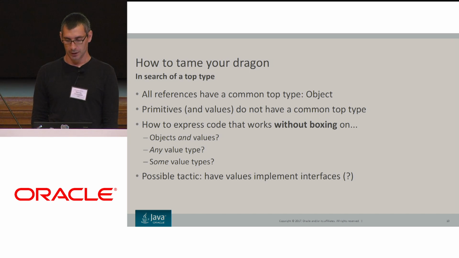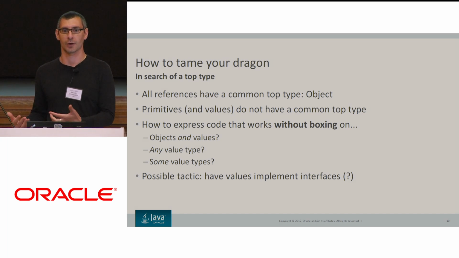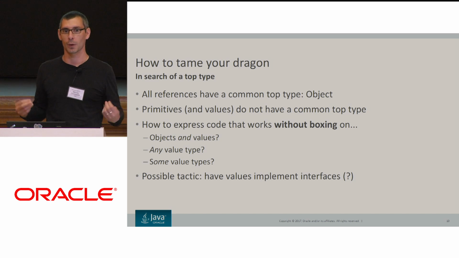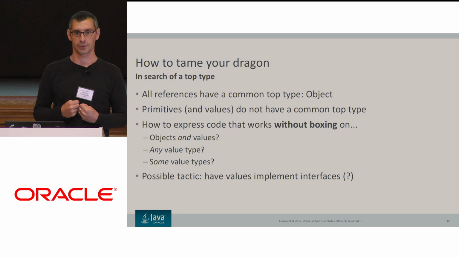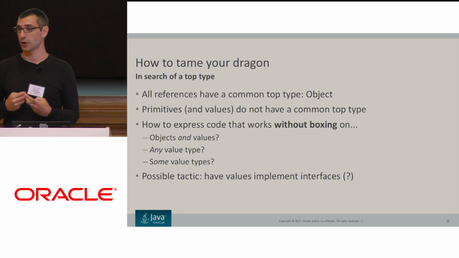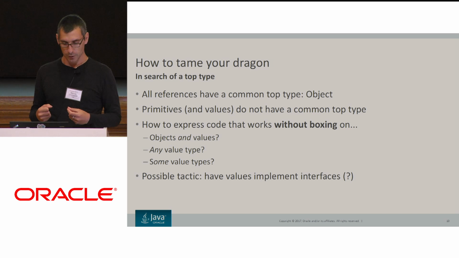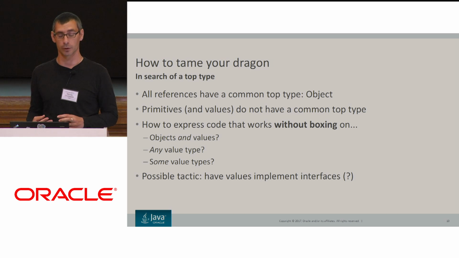So how do I write code that works on both references and values? I could use Object, but then I will introduce boxing. So I want to be able to express a routine that works on anything without boxing. That's the challenge. And I may also want to express a routine that works on any value without references, and also on some subset of values, so maybe only the values that are comparable.